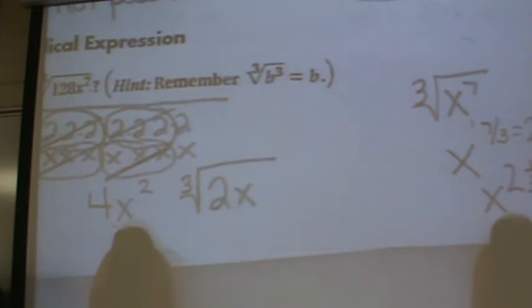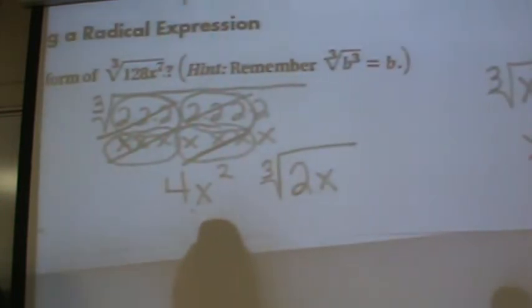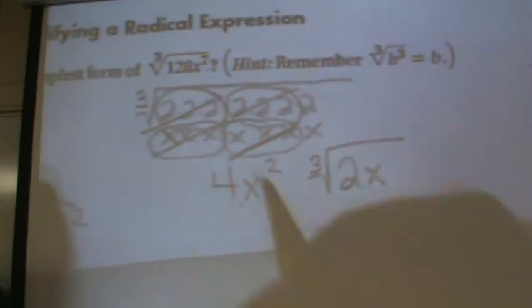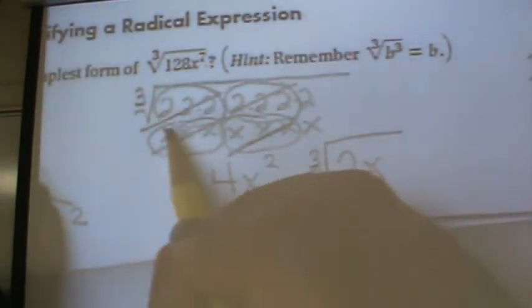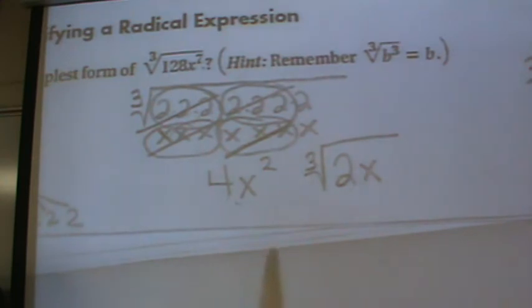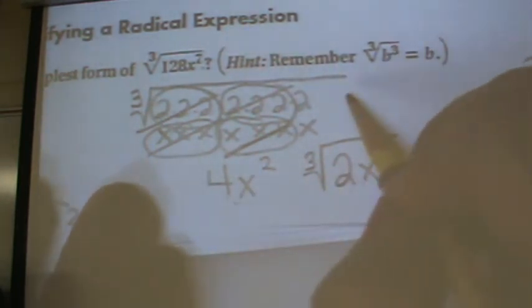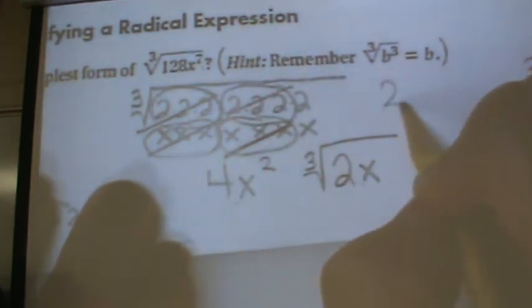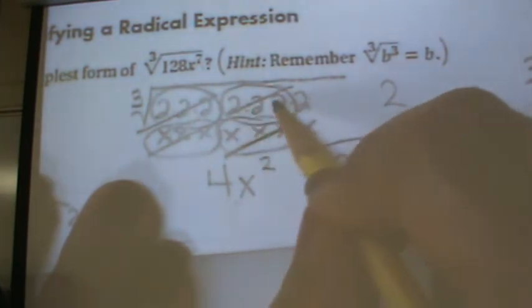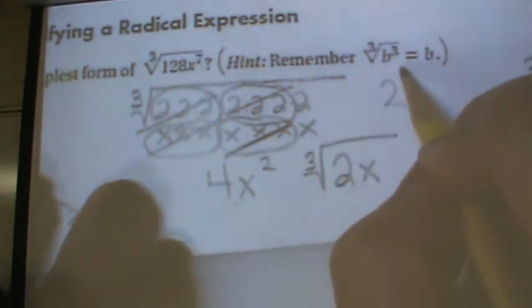Can't you multiply the 3 on the outside and get like x to the 6? No, no, no. You're gonna see how many times it goes into the 7, and it goes in there twice. You would write this as 7/3.